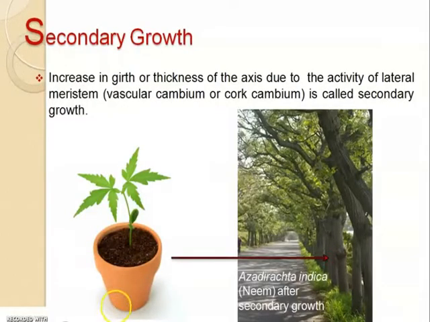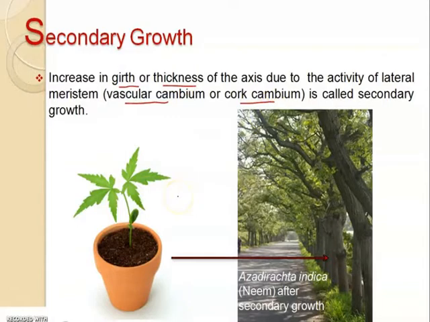Now, first of all, what is secondary growth? Secondary growth is the increase in girth or thickness of the axis due to the activity of lateral meristem, which is vascular cambium or cork cambium.